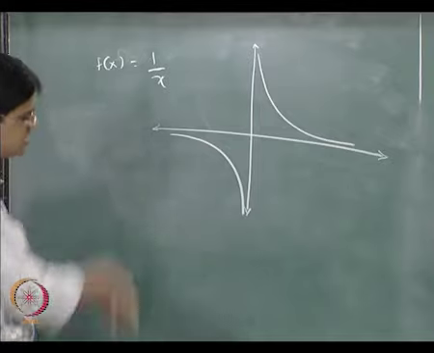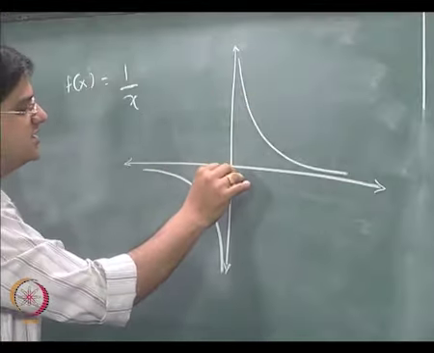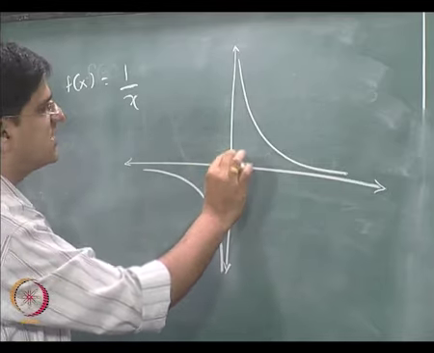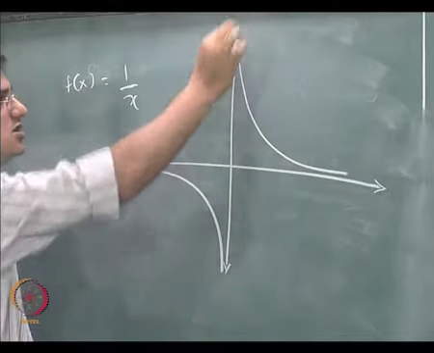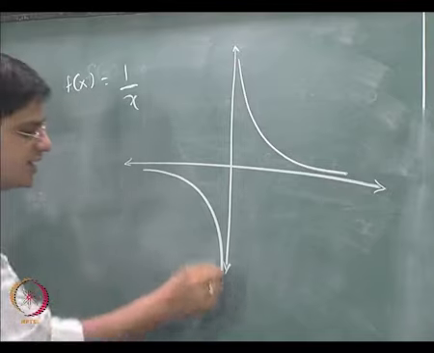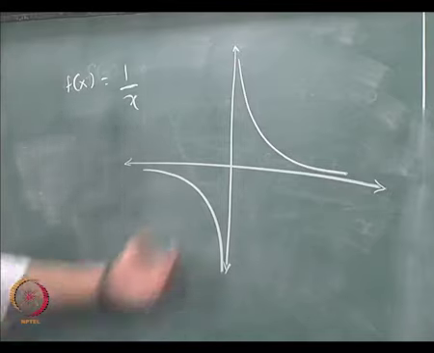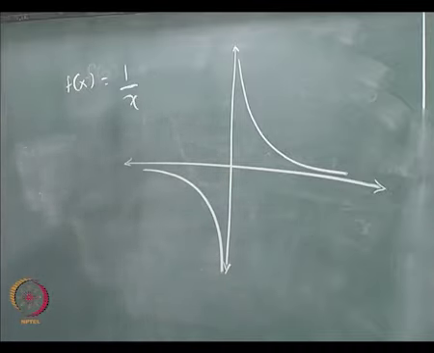Okay, it's a hyperbolic type of curve, and essentially when x is very close to 0 on the positive side we will reach plus infinity. So for example, if x is 0.001 we reach plus 1000. When x is equal to minus 0.001 we will reach minus 1000, and as we go closer and closer to the y axis we will go towards infinity.